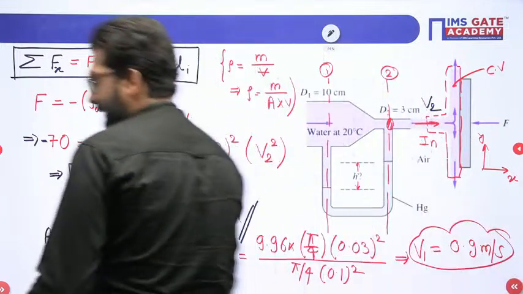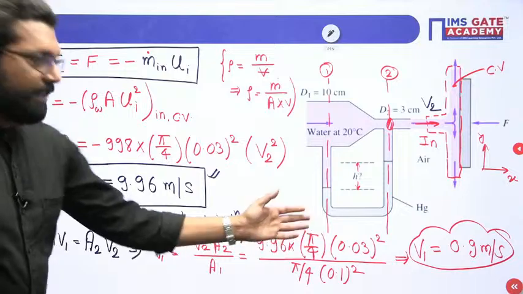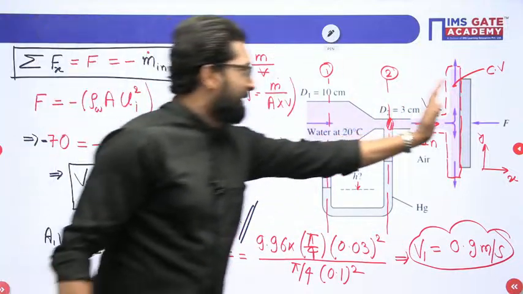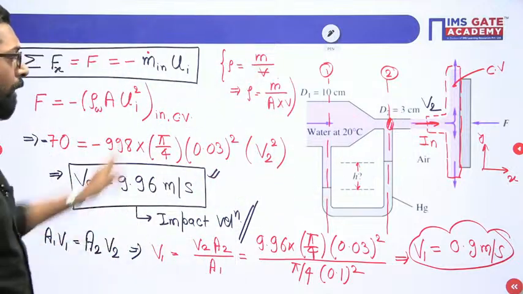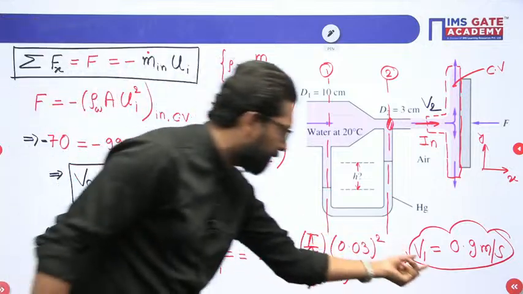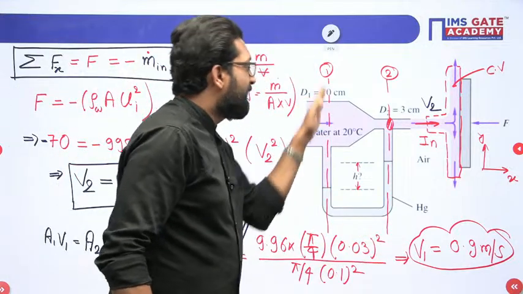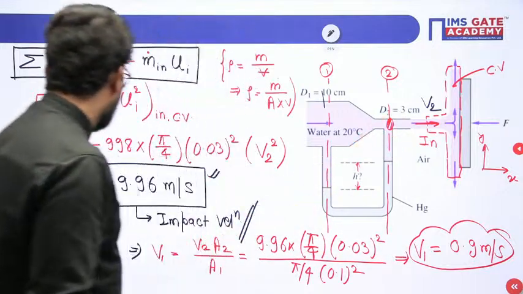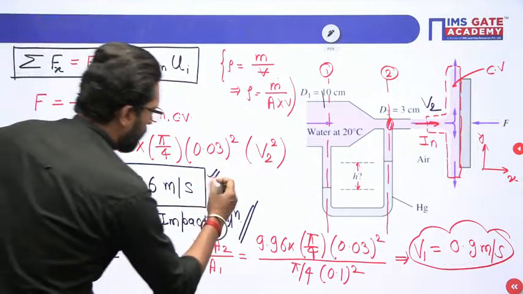This is your velocity at inlet. This is the velocity at inlet, and this is the velocity at exit. So my dear, if there is a plate, what is the impact velocity you have? Once you have to find the impact velocity, you can easily apply the continuity equation and find the inlet velocity. That means velocity in the pipe, and this is the velocity of a jet.